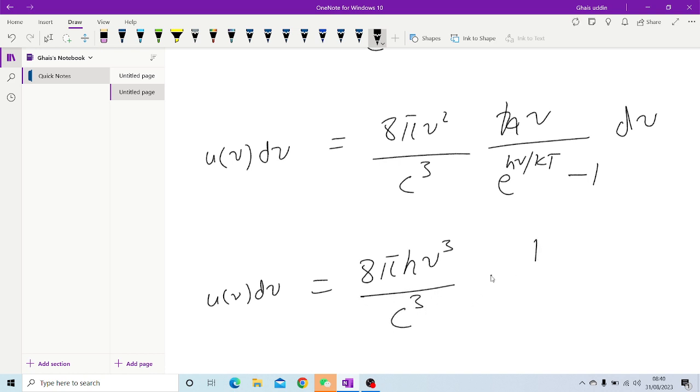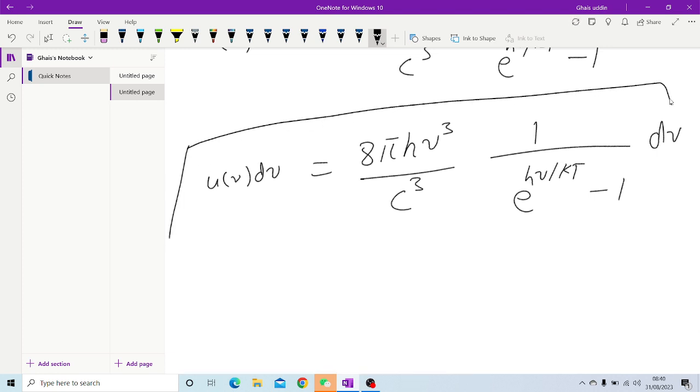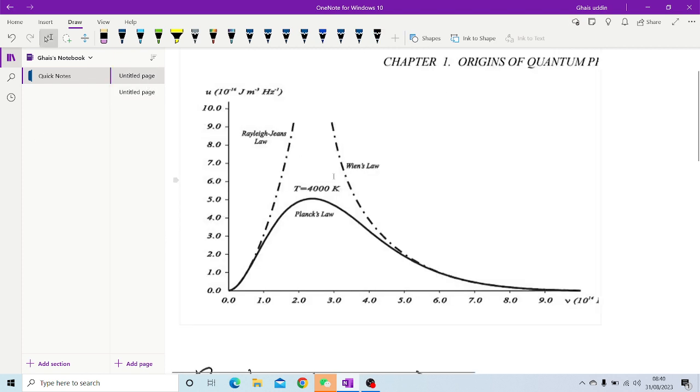So this will become 1 divided by e to the power h nu divided by kT minus 1 d nu. So this is called Planck's radiation law. He successfully explained this curve, this observed experimental curve.